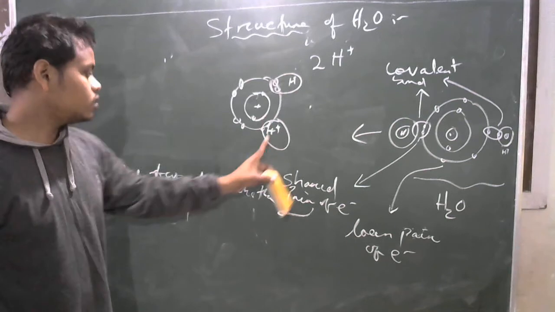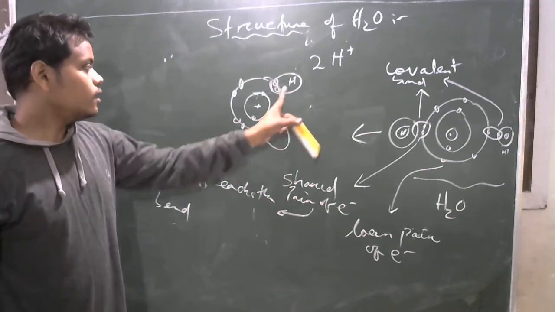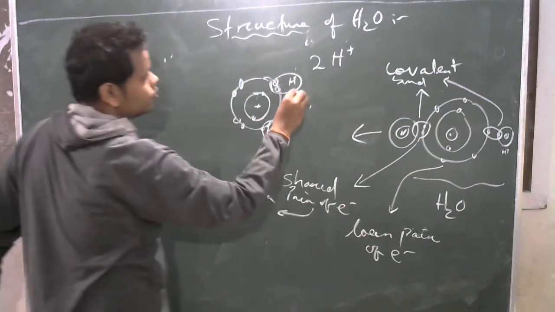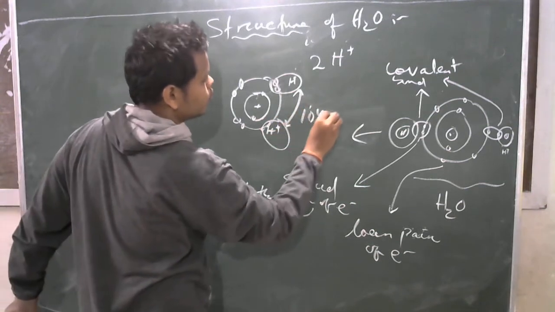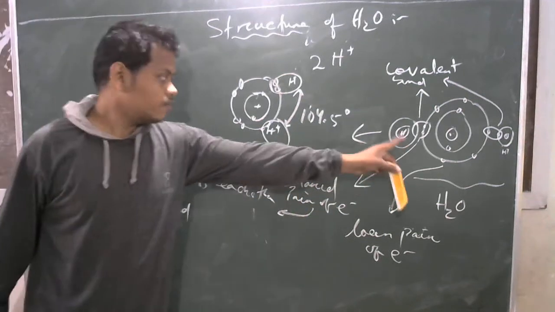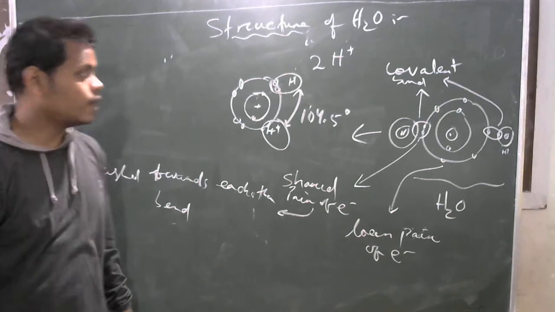As these shared pairs of electrons are pushed towards each other, they are bent, and instead of 180 degrees, they are present at a bond angle of 104.5 degrees. So instead of 180 degrees, they bend and are present at 104.5 degrees.